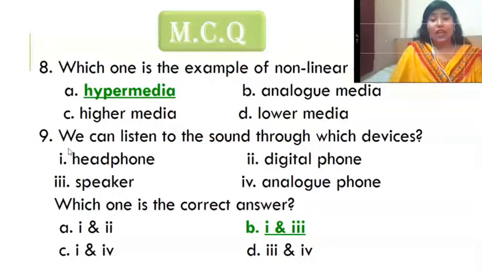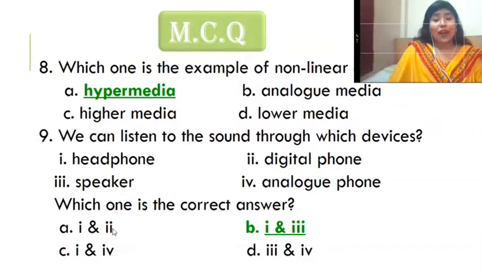Number 9. We can listen to the sound through which devices? 1. Headphone. 2. Digital phone. 3. Speaker. 4. Analog phone. My dear student, see the question pattern. This is different, like the second question of this MCQ. Their second part is given, that is which one is the correct answer among these 4 options.